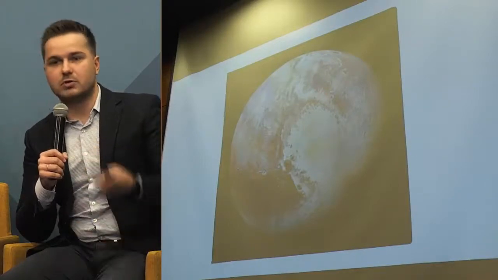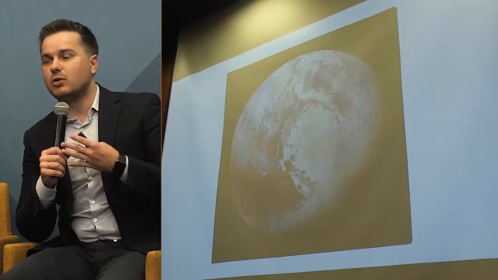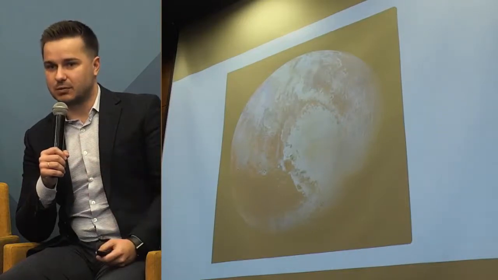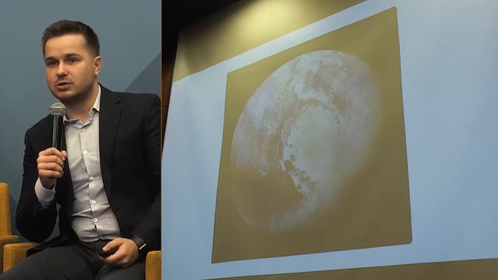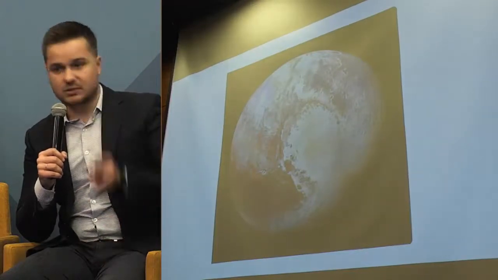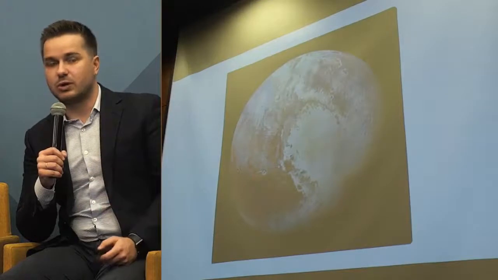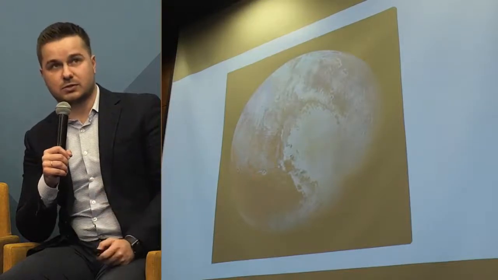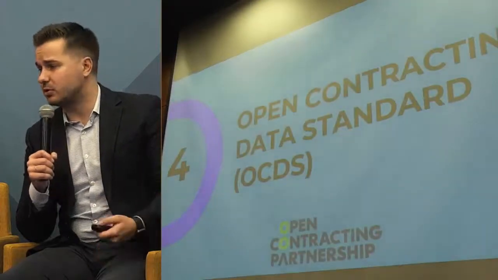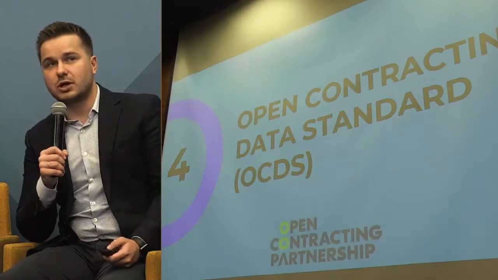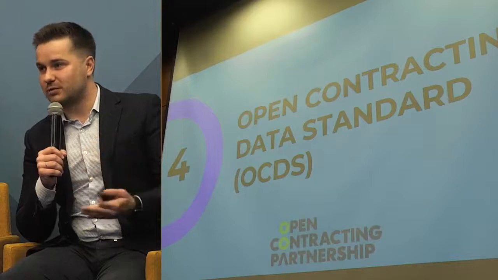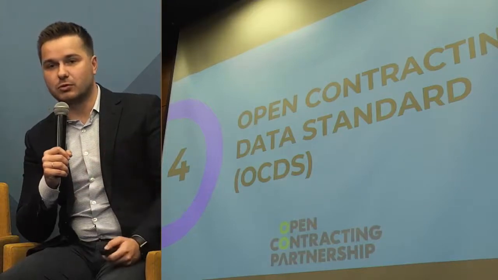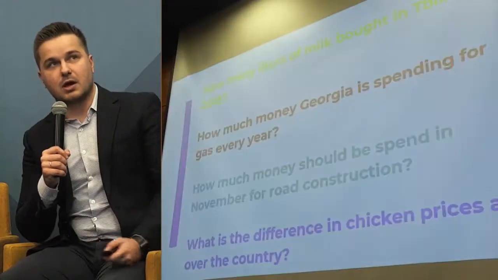We know all the minerals, we know everything about this planet now. So over time, technologies influence our lives, and in public procurement we have to be on the edge of technologies. And now we're coming to the open contracting data standard, which actually helps us look at our procurement as we can now look at Pluto in 2019.